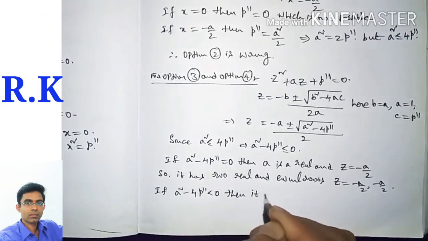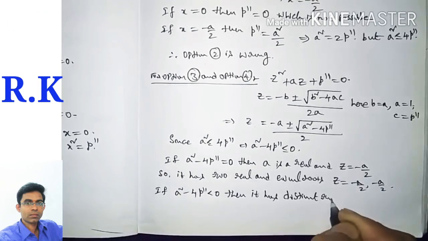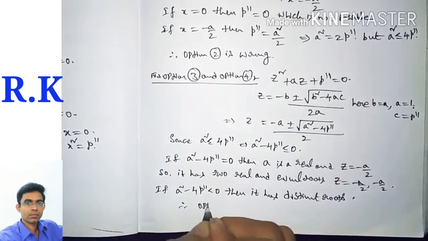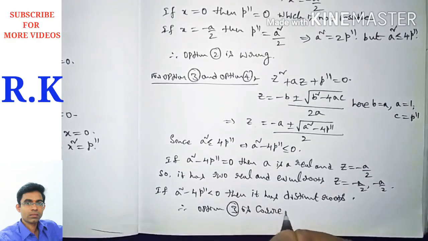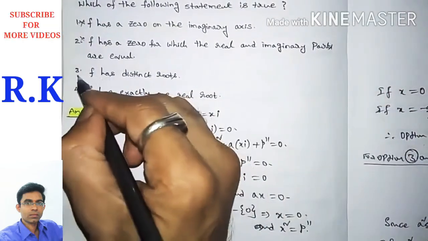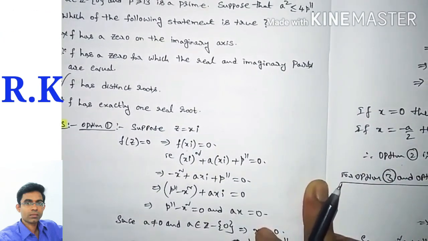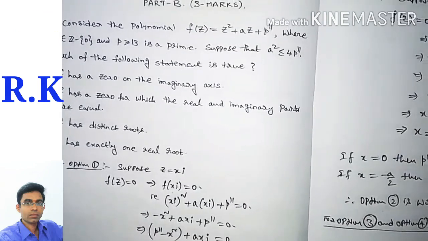Then it has distinct roots. So therefore option number 3 is correct. Is it clear? So hence our option number 3 is the correct option. That means f has distinct roots. So this is the solution of this problem.